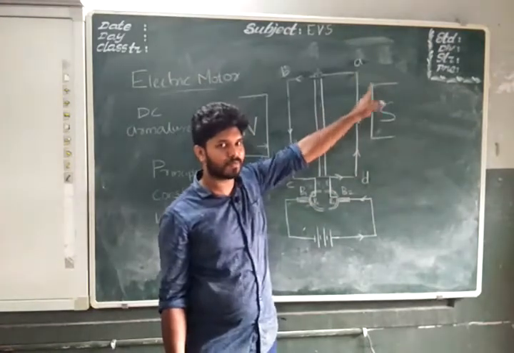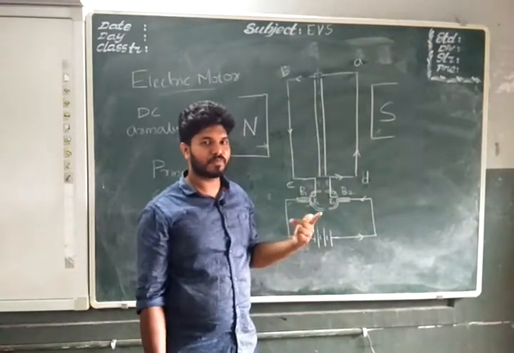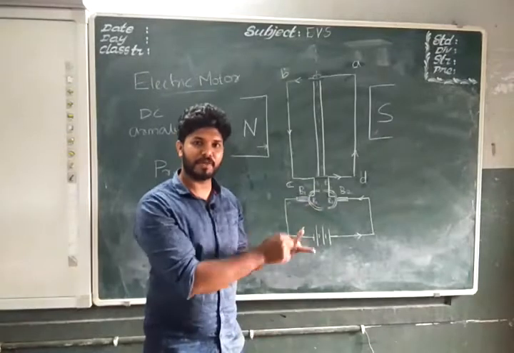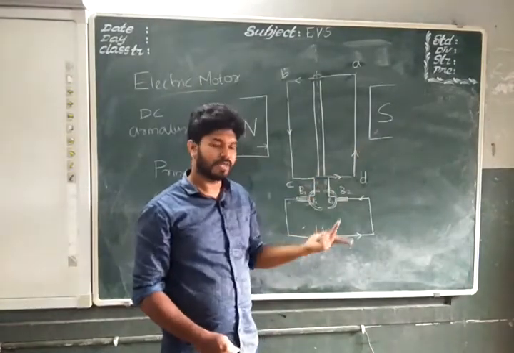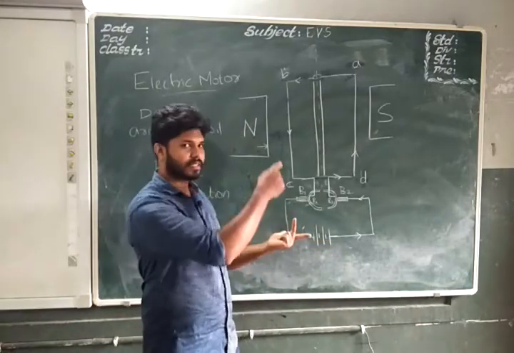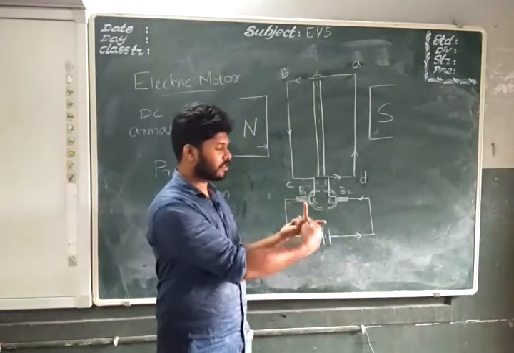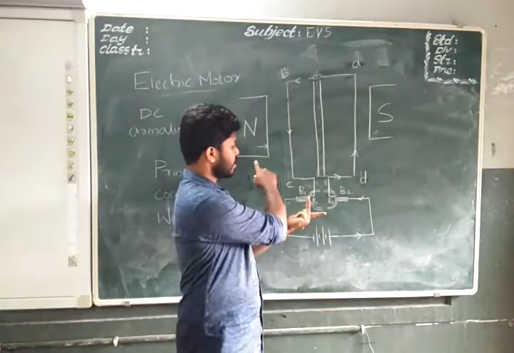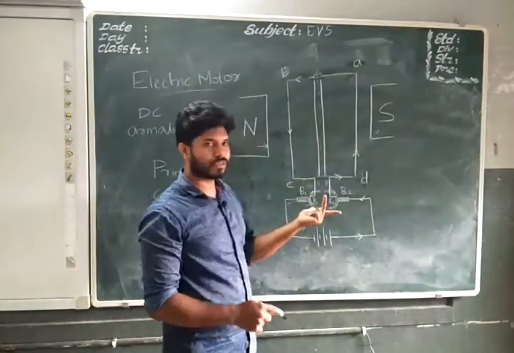What happens when it moves from D to A? We can apply Fleming's rule here also. The direction of current is vertical, upward, and the direction of magnetic field is again from north to south.